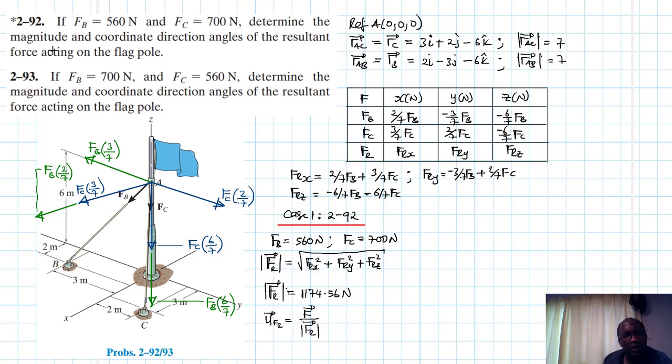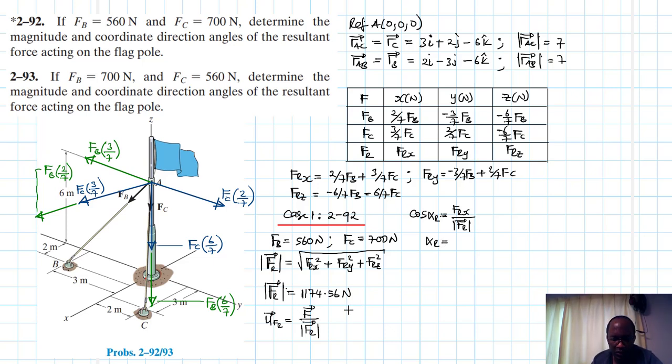Okay, so therefore start writing one by one. Cos alpha R is just going to be equal to FRx divided by the magnitude. Therefore you can work out alpha R. Let's just do the calculation.